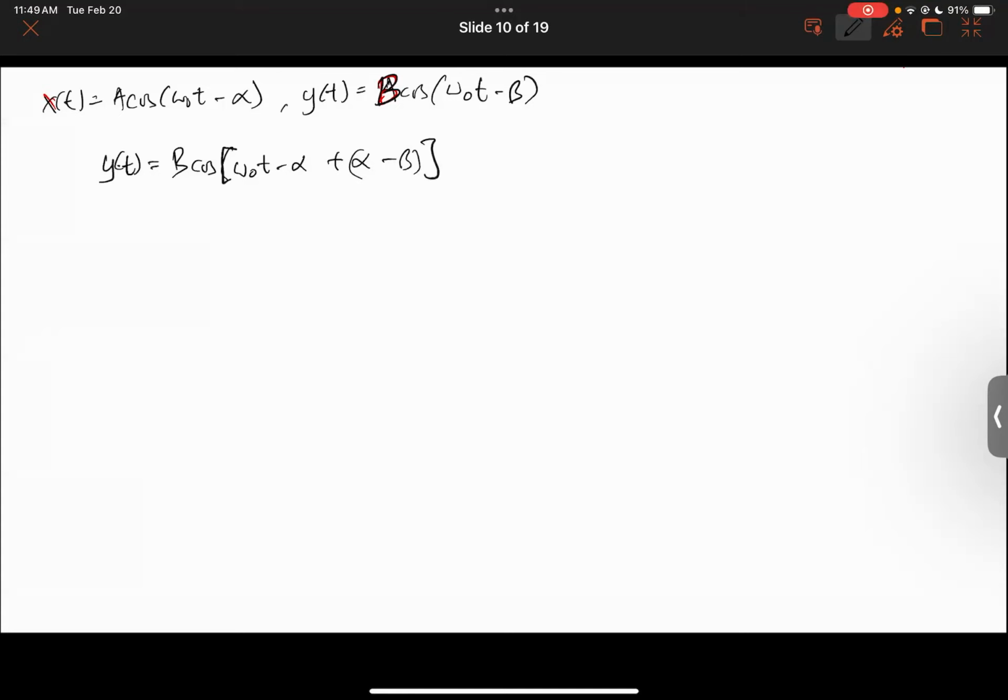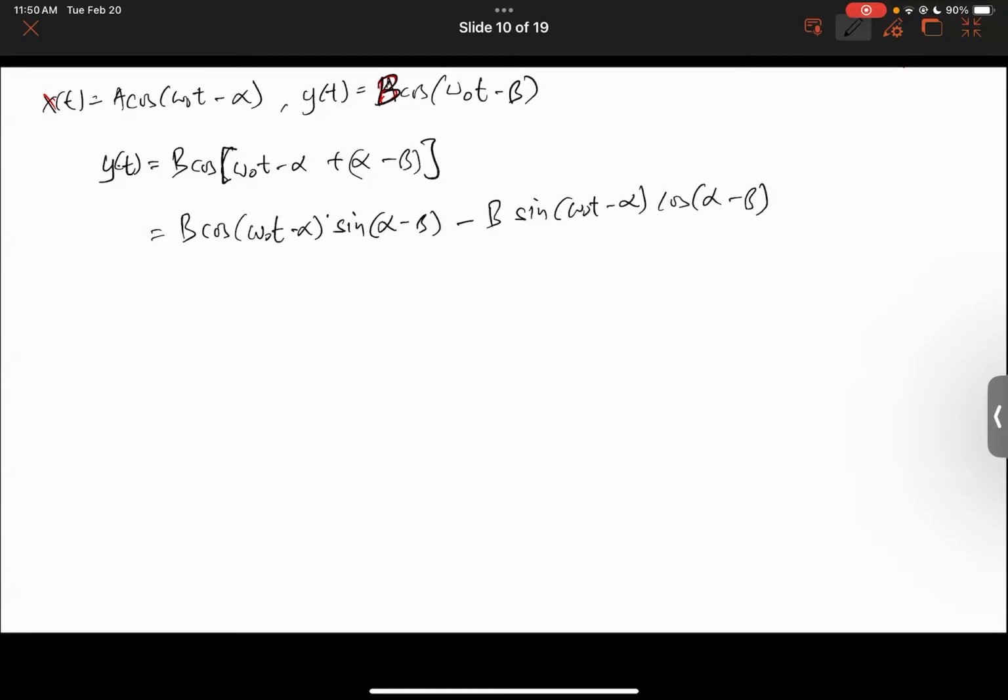Expanding this gives us b cosine omega naught t minus alpha sine alpha minus beta, minus b sine omega naught t minus alpha cosine alpha minus beta.